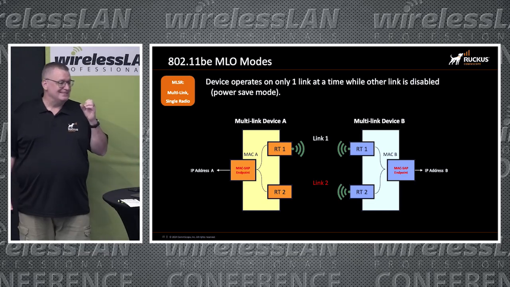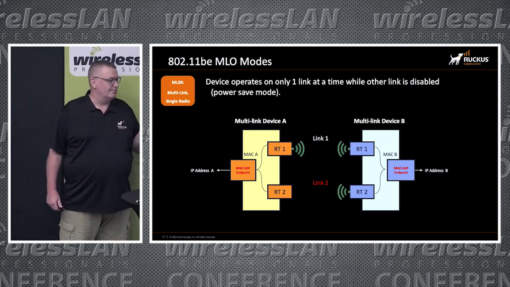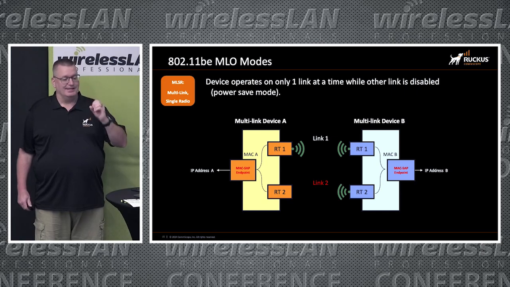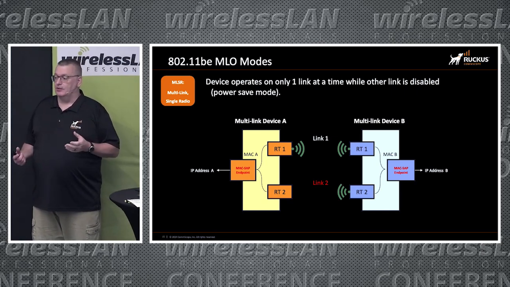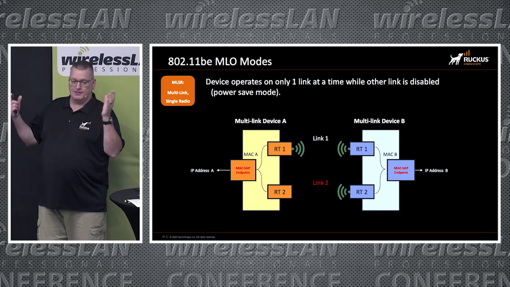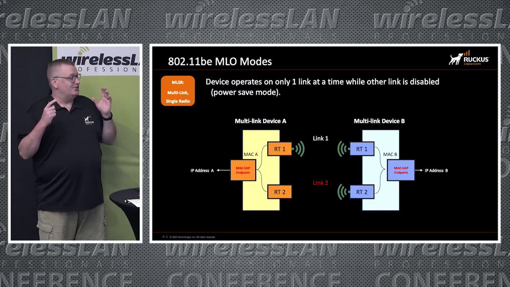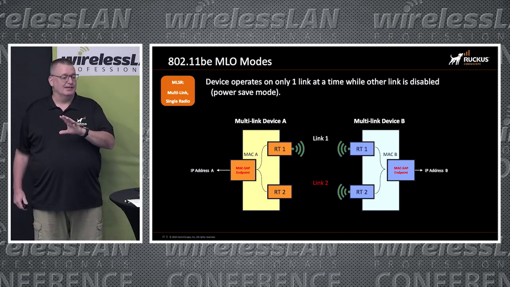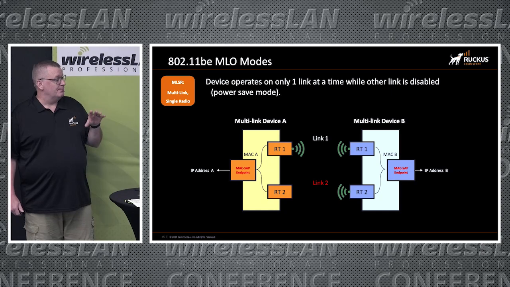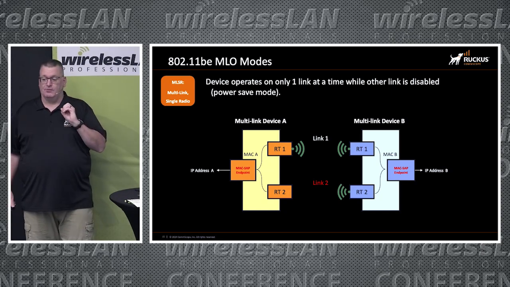So while this isn't an operating mode that we expect to see, because it has the power save in there, I expect to see times where if you get MLO working, that's a big if, I know that's doing a lot of work here, you can be like, well, it worked well in the morning, but in the afternoon it started getting a little flaky. Well, because in the afternoon when the battery's running low, it might turn that other radio off.